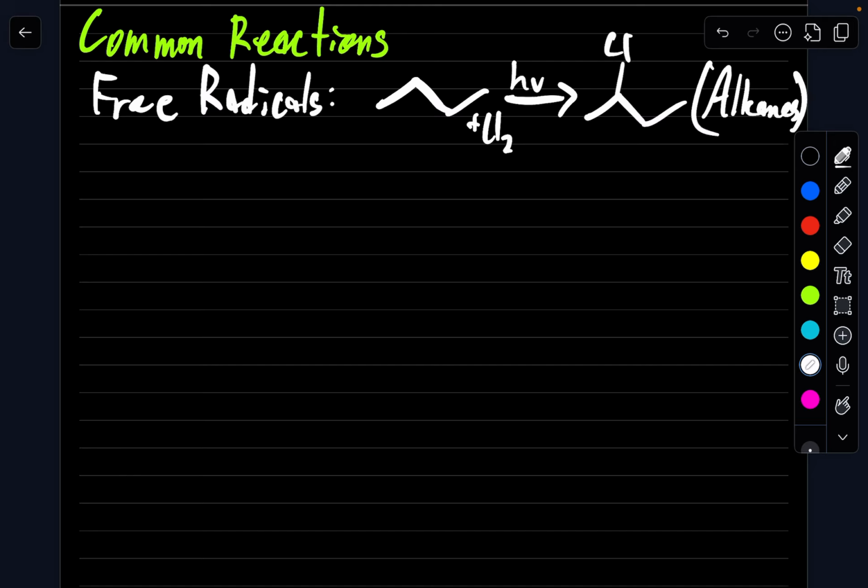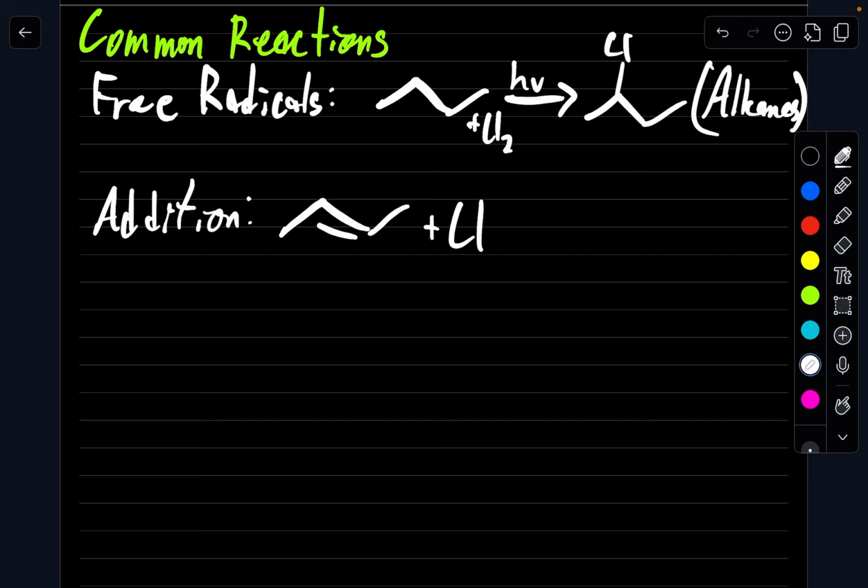Now, something with alkenes and alkynes are addition reactions, which looks something like this. And this reaction also adds halogens. Let's do bromine this time.